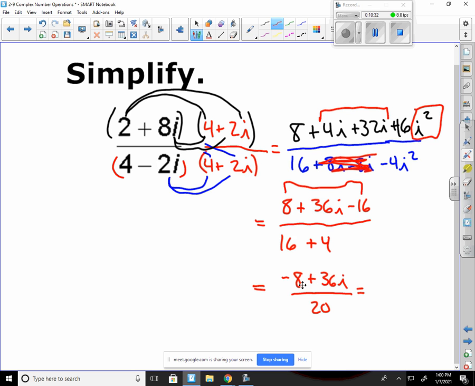Well, actually, they're all divisible by 4 as well. So I can go with 4. So negative 8 divided by 4 is negative 2. 36 divided by 4 is 9. And then 20 divided by 4 is 5. So that's my final answer.